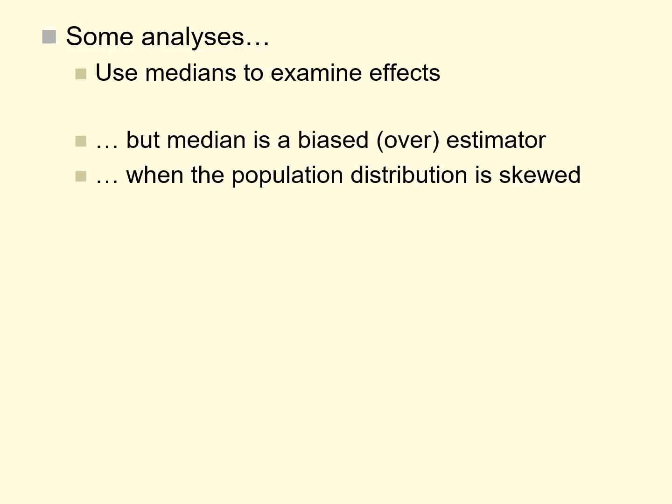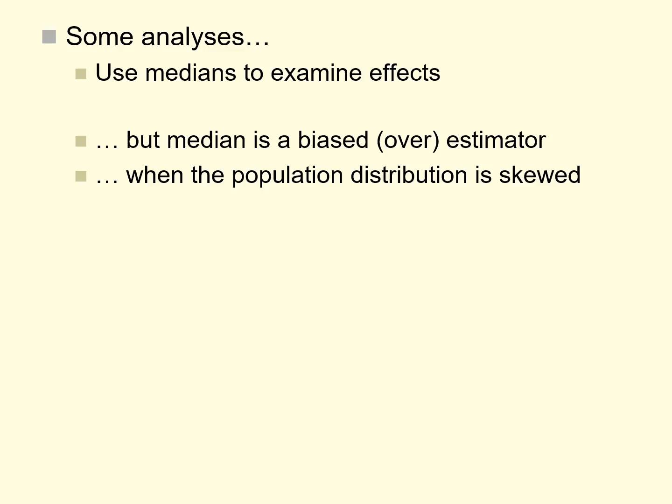It's interesting to note, and this is something I've read about fairly recently, that the median is a biased overestimator of the population distribution when the population distribution is skewed. So earlier on I said, oh, the median, it's an unbiased estimator. That's true when the population distribution is symmetrical.